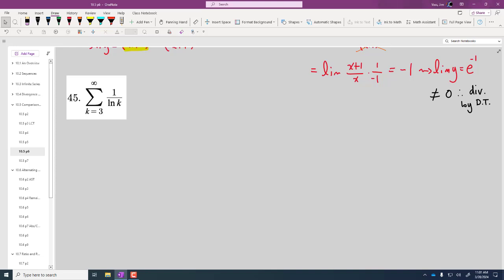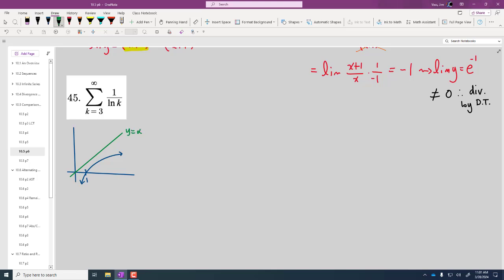So this we can't. But when we look at the natural log function, it's looking something like that. And when we think of divergent series, the simplest of them all is the harmonic, y equals k, or y equals x if we're thinking of it as a continuous function.